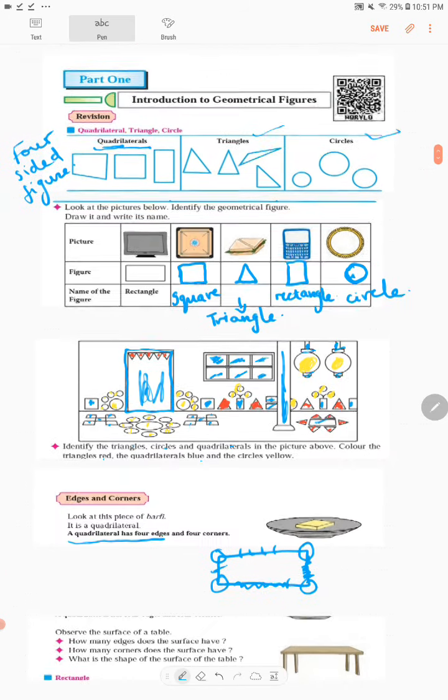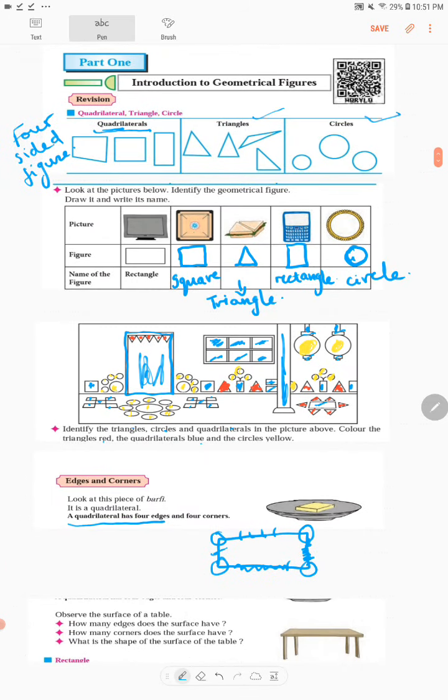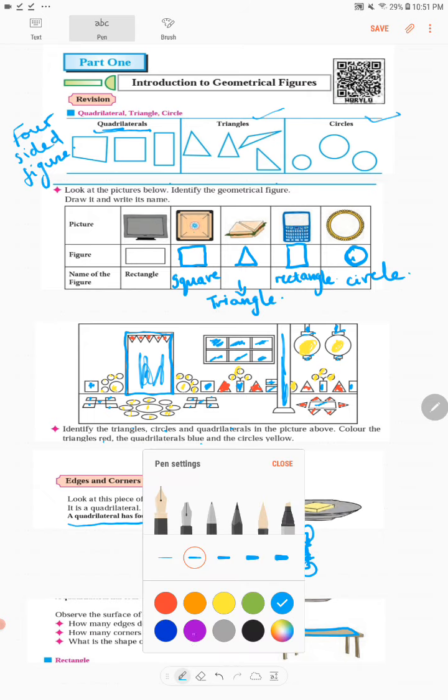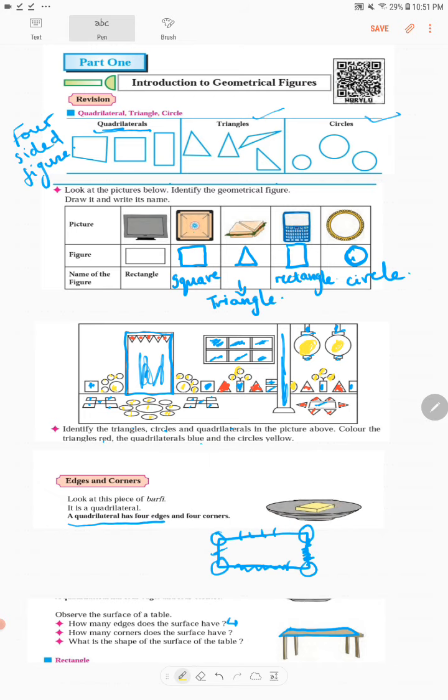Okay, now this is a table. How many edges does the surface have? Surface means this top. So 1, 2, 3, 4. So it has got 4 edges. How many corners? 1 corner, 2 corners, 3 corners, 4 corners.